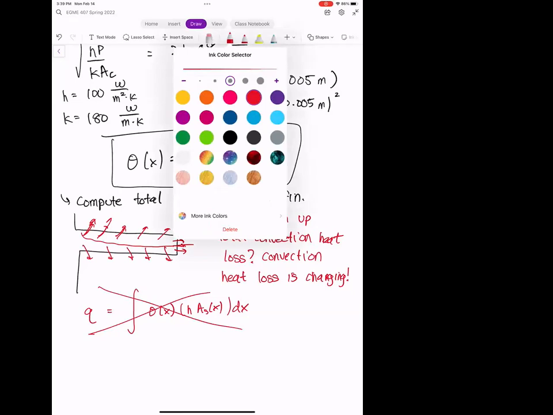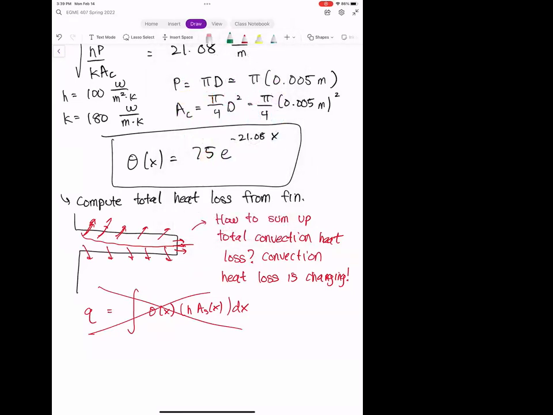Instead, we're going to make a very clever observation, okay? And our observation is that, in order for the heat to leave the fin off the lateral surface, every piece of heat that the fin loses has to pass through a certain point, right?